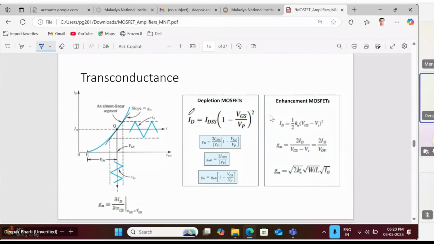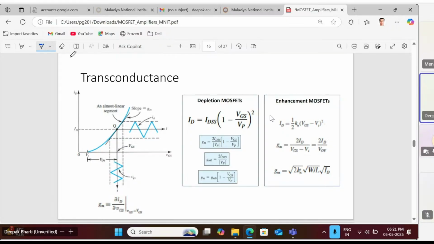Now to understand the amplification, we also need to know the concept of transconductance. What is the meaning of transconductance? Transconductance can be defined as the slope of the transfer curve at any operating point.